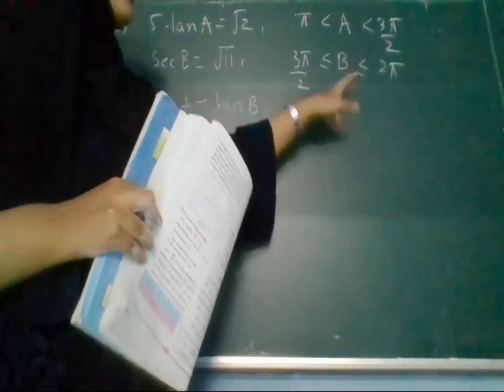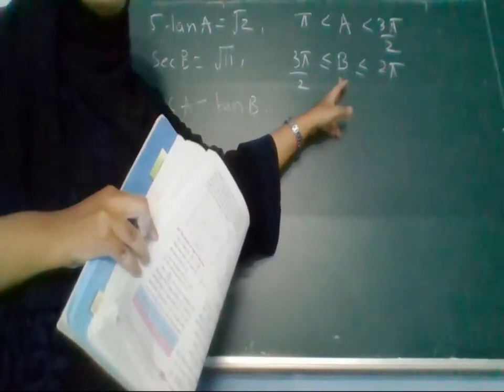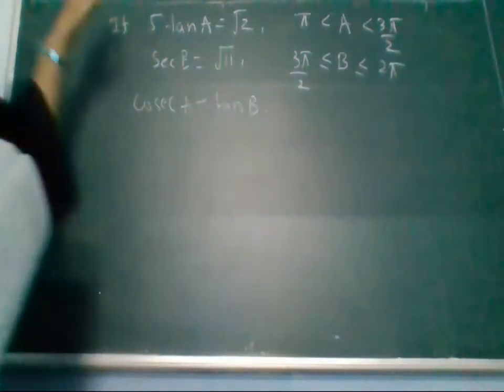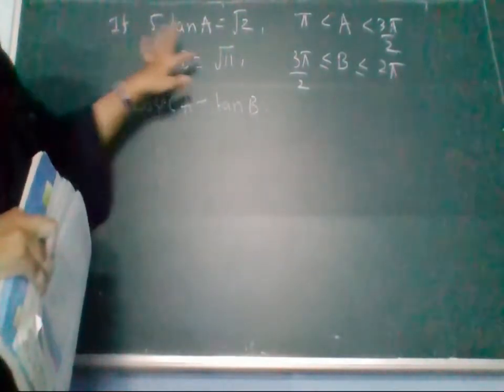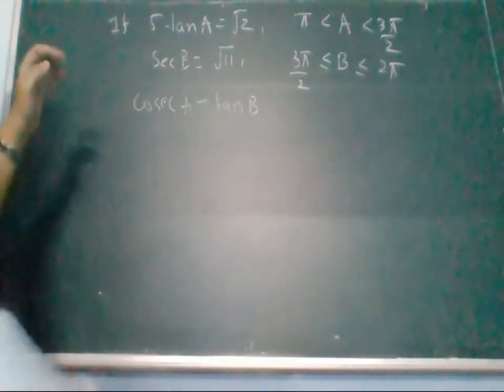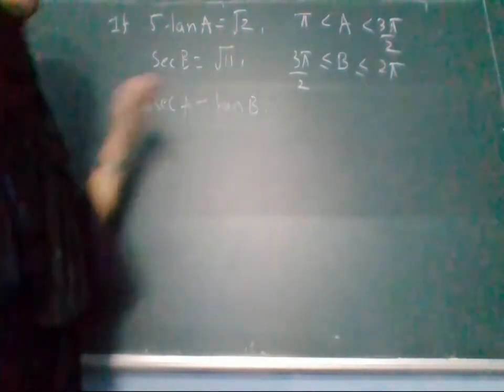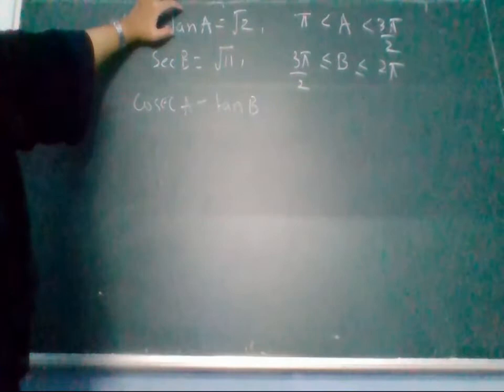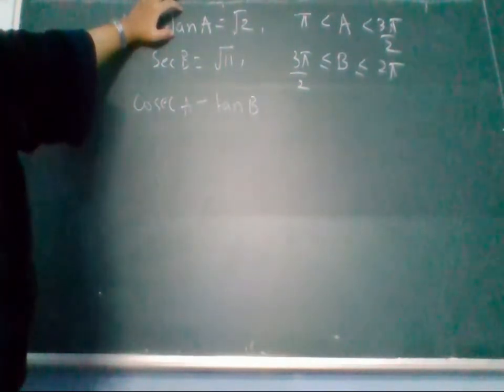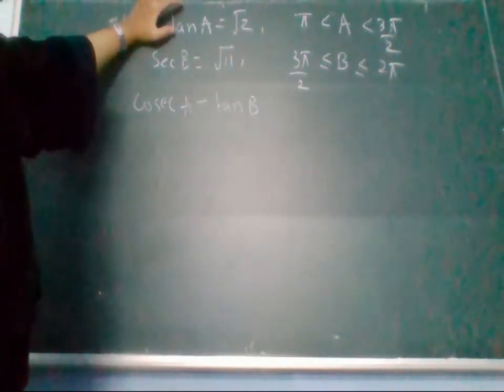The first angle is in the third quadrant and angle b is in the fourth quadrant. Also 5 tan a is equal to root 2 and sec b is equal to root 11. We need to find cosec a minus tan b. So we have tan a. So from tan a we can find, we have an expression.